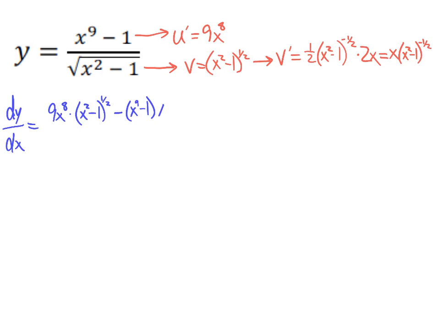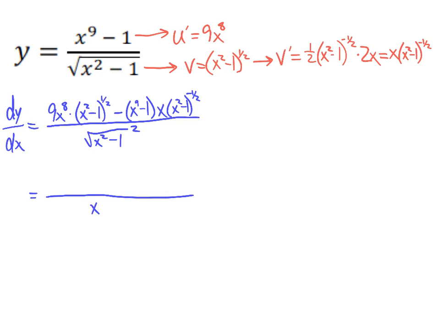So I've got the x squared minus 1 to the negative 1/2. And this is all going to be over v squared, which is the square root of x squared minus 1 squared, so just x squared minus 1. That square will undo the radical in this case. So our denominator is just x squared minus 1.